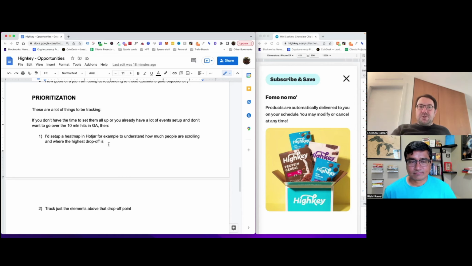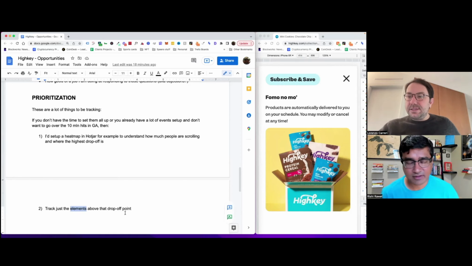Then start tracking the elements above that drop off point. So you prioritize tracking the things that more people will see. That's all I got for my part today.